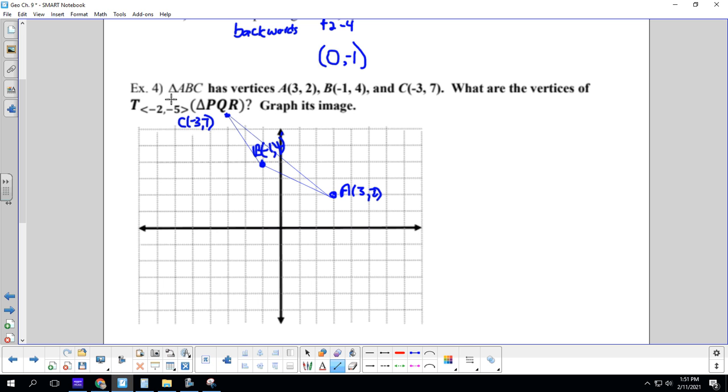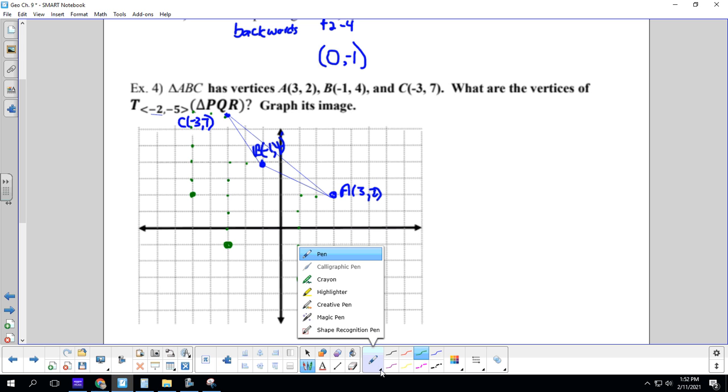So we're going to take each of these coordinates. We are going to subtract 2 from the x and go down 5. Or go left 2 and down 5. So left 2, down 1, 2, 3, 4, 5. And again 1, 2, 3, 4, 5. And again 1, 2, 3, 4, 5.